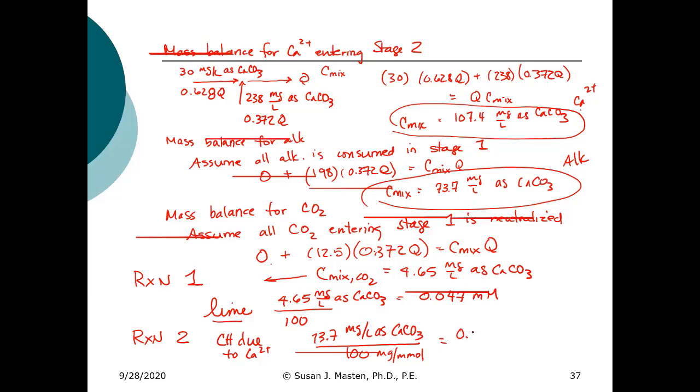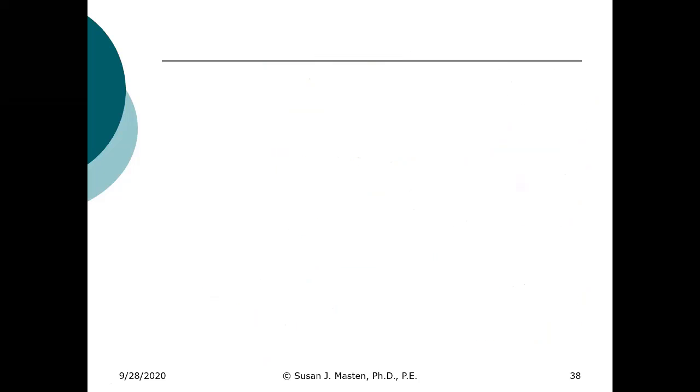And I have 0.737 millimoles of lime that I now need. So the total lime that I need in stage 2 is 0.784 millimoles.